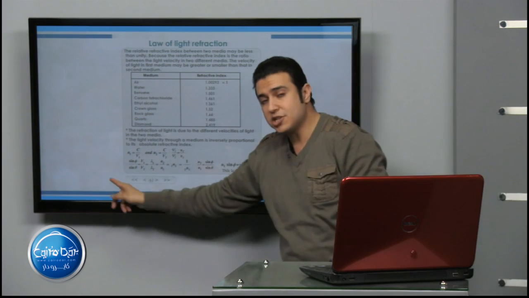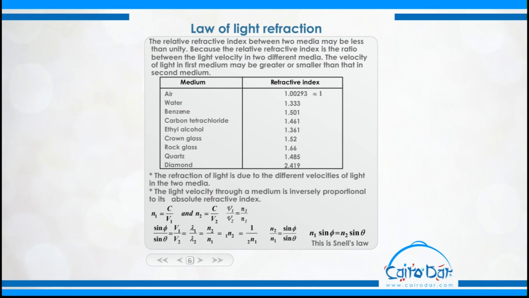From this relation, we can conclude Snell's law. n2 over n1 equals sine phi over sine theta, and by cross multiplication, n1 sine phi equals n2 sine theta.